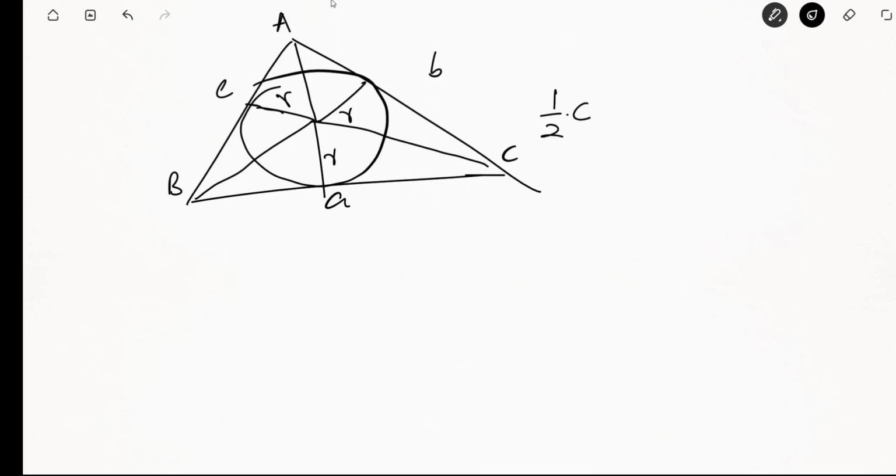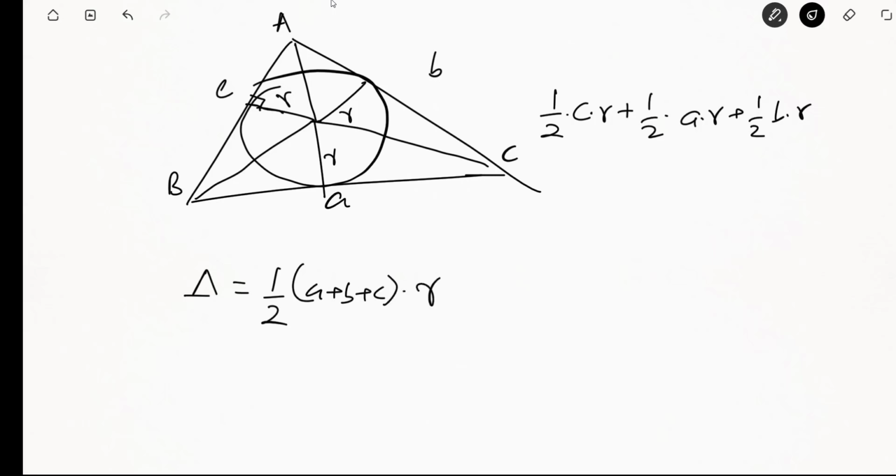Half of C times R, right? This is perpendicular, plus half of A times R plus half of B times R. So this is basically area equals 1/2 of A plus B plus C into inradius. So inradius is 2 times area over A plus B plus C. Sometimes this is written like this, semi-perimeter also, area over semi-perimeter, A plus B plus C over 2.